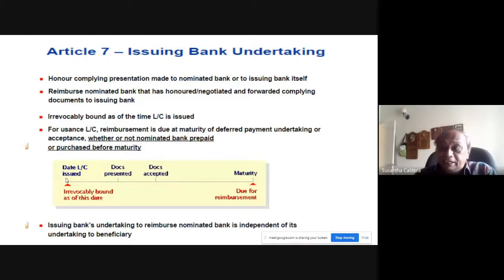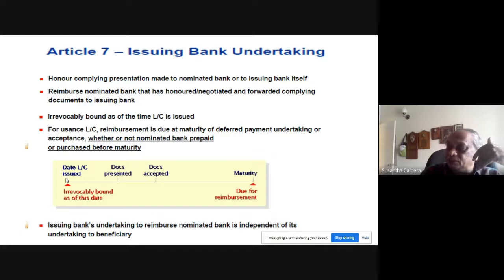Now, today is the 11th. Yesterday, the 10th, was the expiry date. If the issuing bank receives the documents at the issuing bank counters before 3 o'clock, then it is okay.